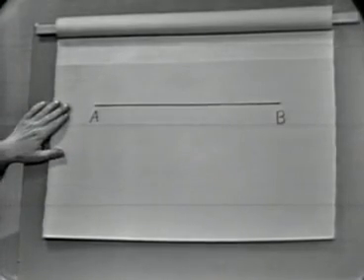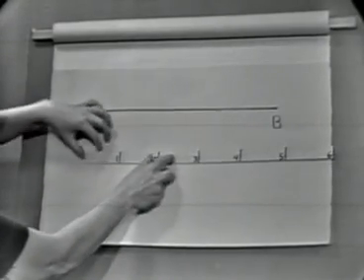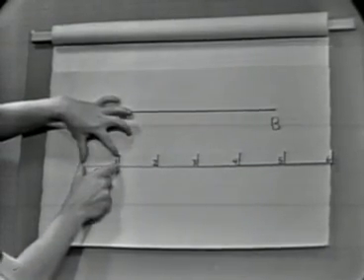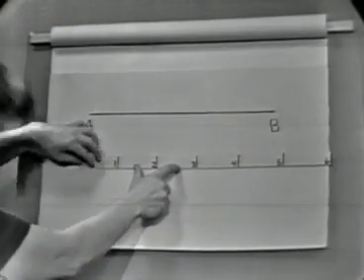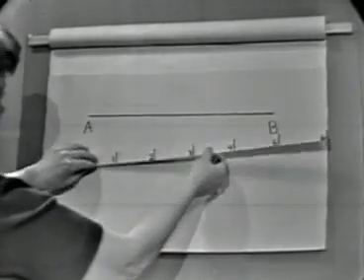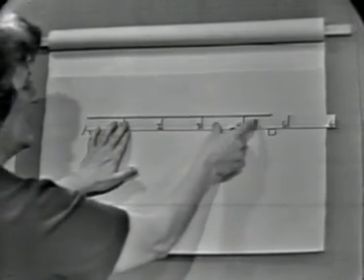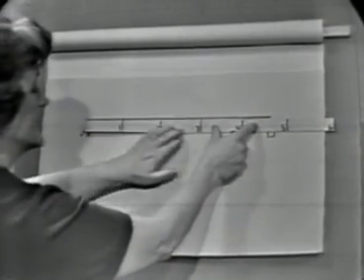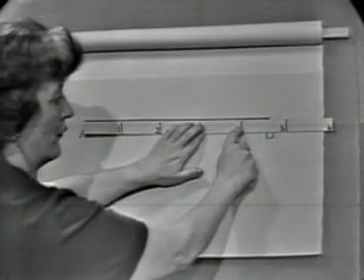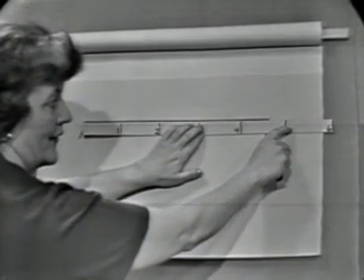Let us now consider mark AB, a model of line segment AB. Suppose that we select this as our unit and then have made a scale. What is the length of this mark? We see that it is greater than 4 units, but less than 5.